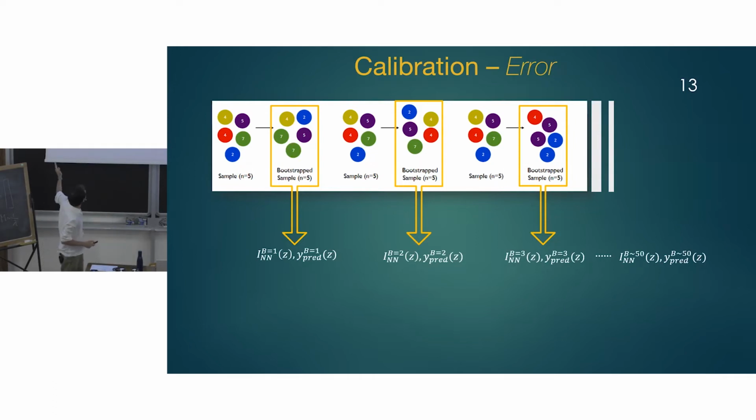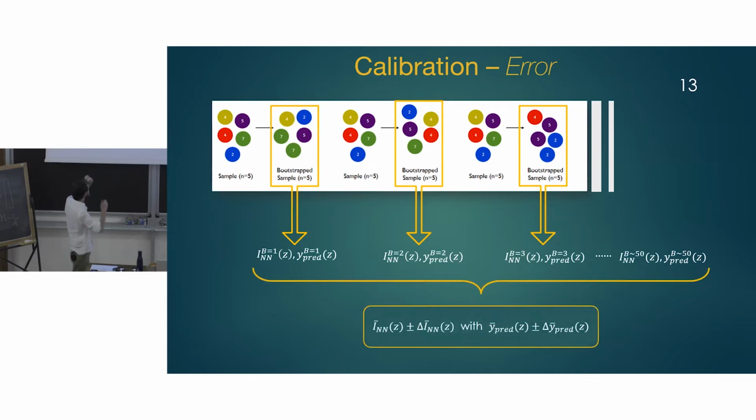This was done for every bootstrap sample, in this case B equals 50. After that, we compute the standard deviation for the integral function and for the prediction, the distance modulus. So to sum up, for a given mock data sample, and also for the real one, we were able to obtain a prediction with an error, and an integral function, again with an error.